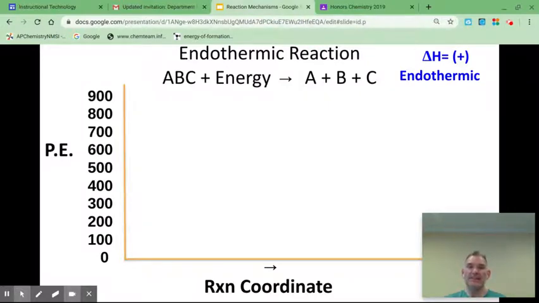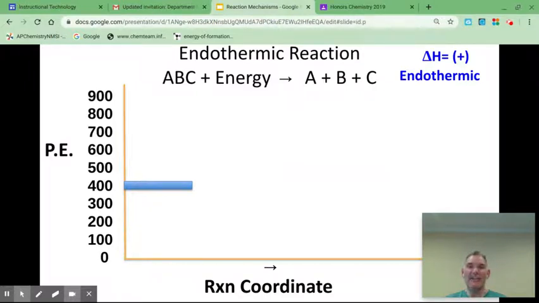So I'm going to say that my reactants in this diagram have 400 kilojoules of energy. Okay? Now, again, I'm saying that. Now, notice this is an endothermic reaction, which means the reactants have to absorb energy. So that's one of the first things that we're going to be able to notice.